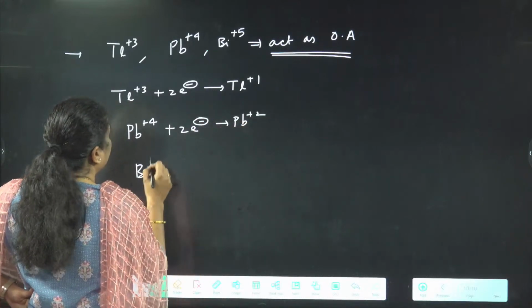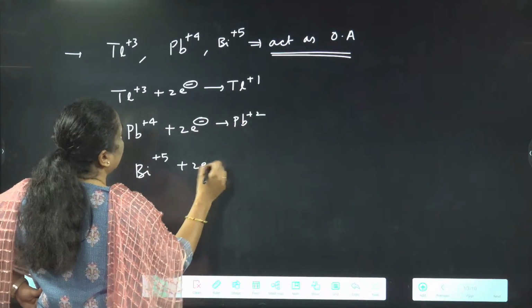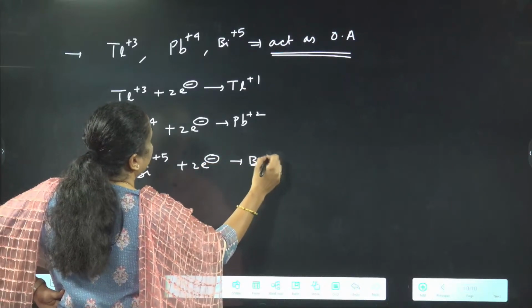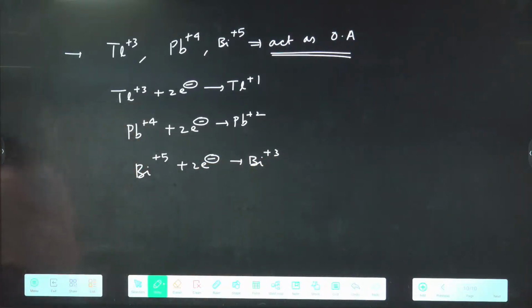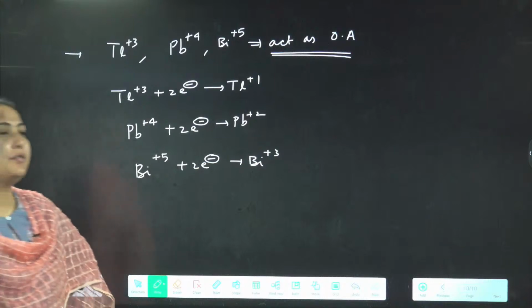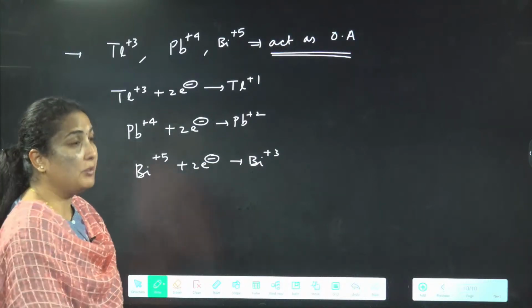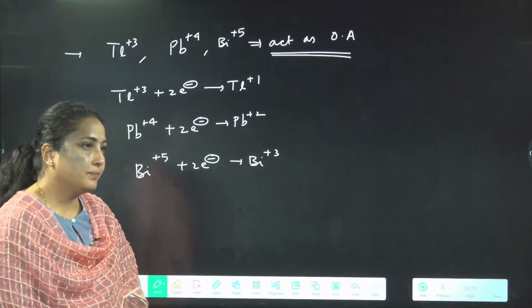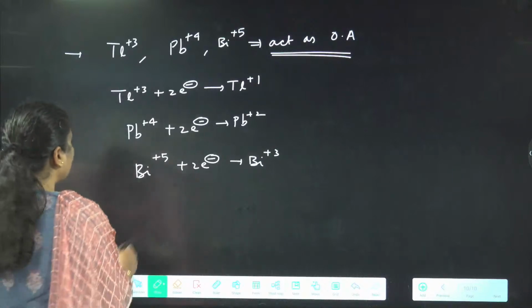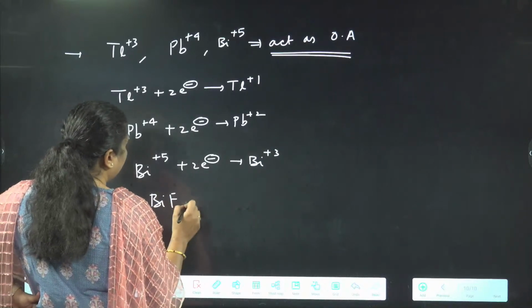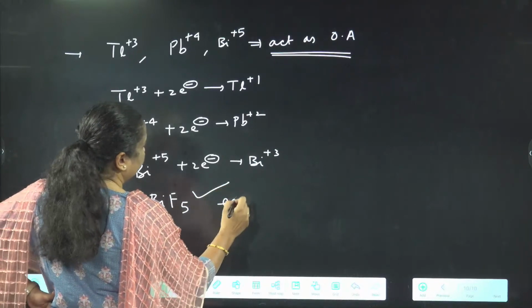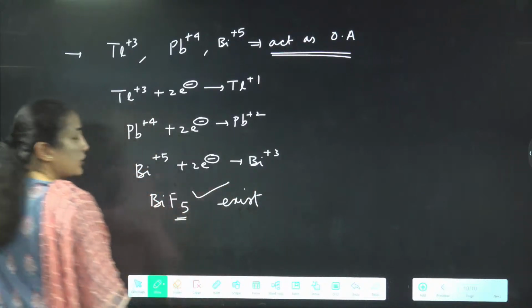Similarly, Bi +5 loves to accept 2 electrons to form Bi +3. They are able to maintain their highest possible oxidation state only if they are present with the most electronegative elements like oxygen and fluorine. Getting it? That means it's not the case that BiF5 does not exist. It will exist because it is present with the most electronegative element.